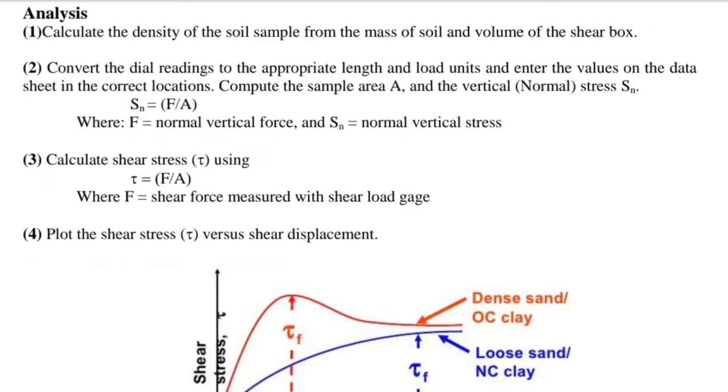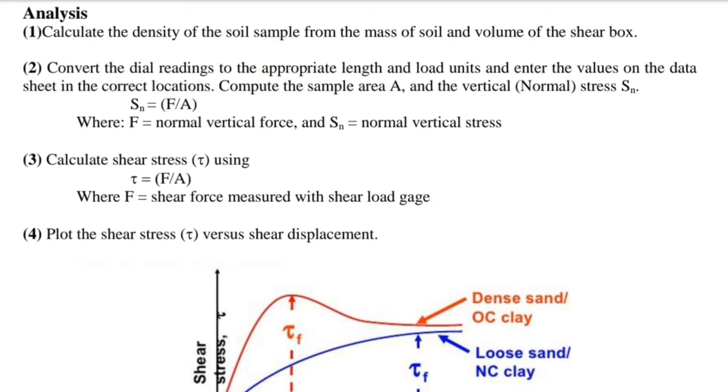Sn is equal to F divided by A, where F is equal to normal vertical force and Sn is equal to normal vertical stress. 3. Calculate shear stress tau using tau is equal to F divided by A, where F is equal to shear force measured with shear load gauge.